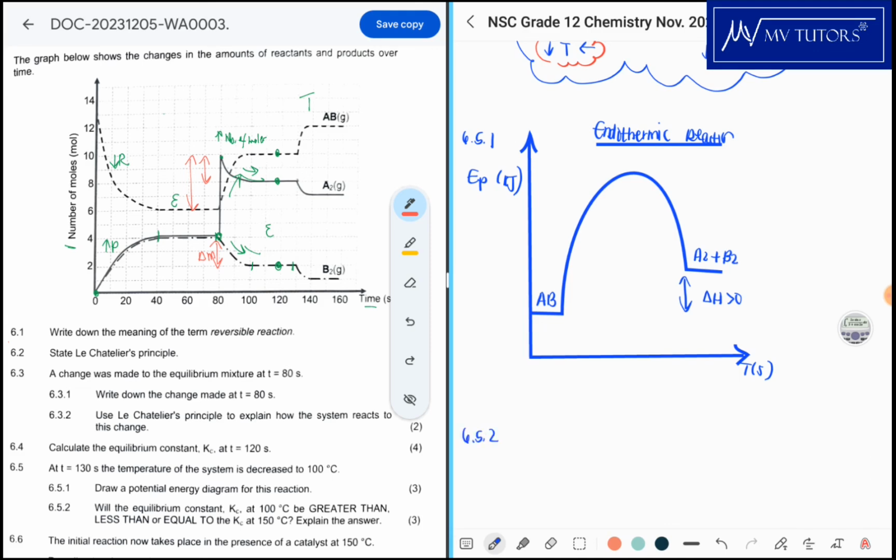6.5.2. So it says, will the equilibrium constant at 100 degrees be greater than, less than, or equal to? Again, let's just remind ourselves, we have concentration of products over concentration of reactants. With this decrease in temperature, the reactants were favored. So if we increase reactants, it means that our Kc value will be less than.